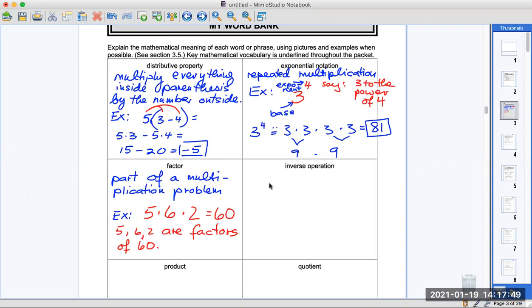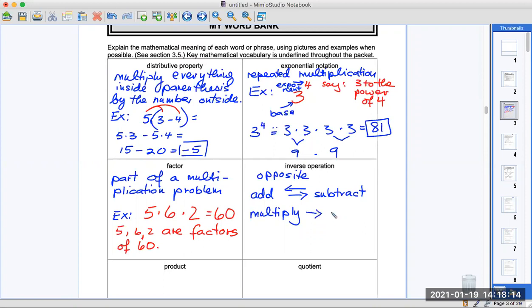Inverse operations are opposite, and they undo each other. So for adding, the opposite is subtract. And vice versa, for subtracting, the opposite is add.